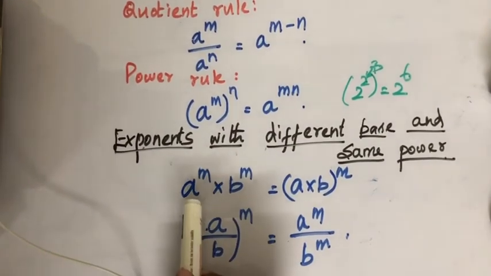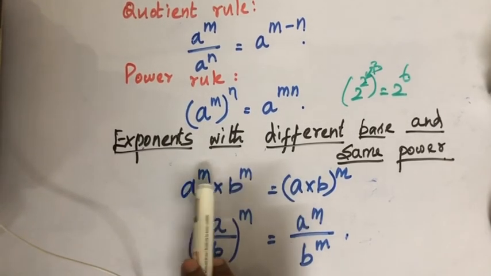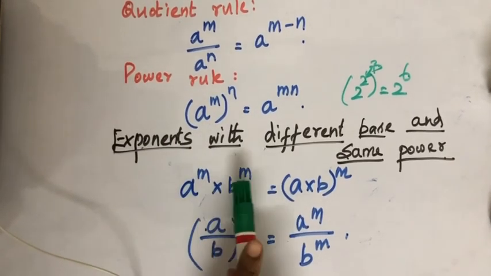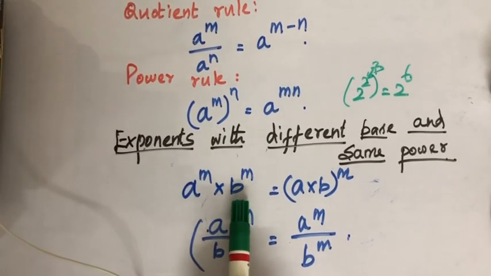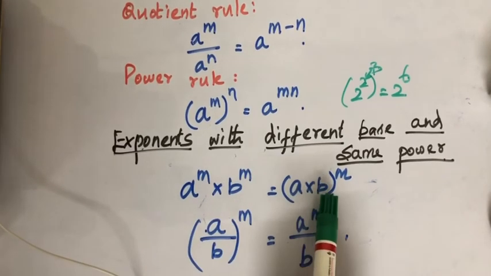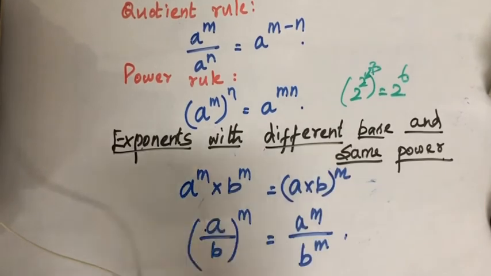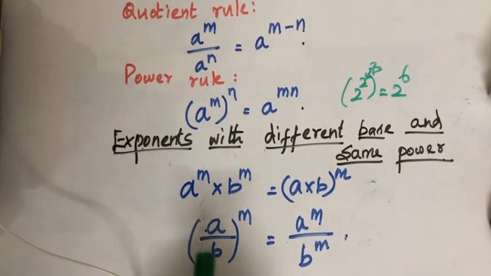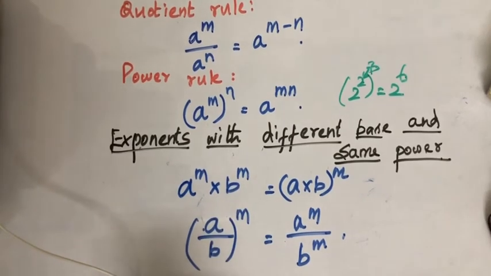So a power m into b power m. Here the power is m in both cases, but the base is different. Here the base is a and here the base is b. So you can multiply a into b and put the whole power m. Similarly, while dividing, a by b the whole power m.